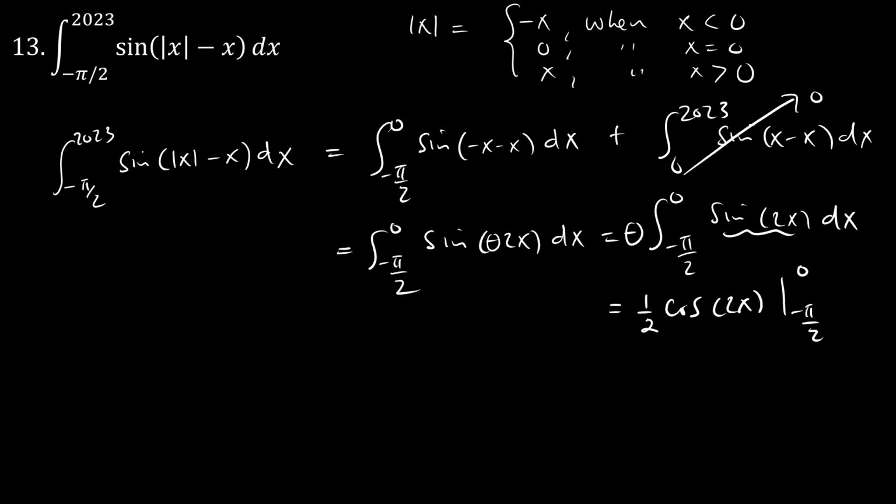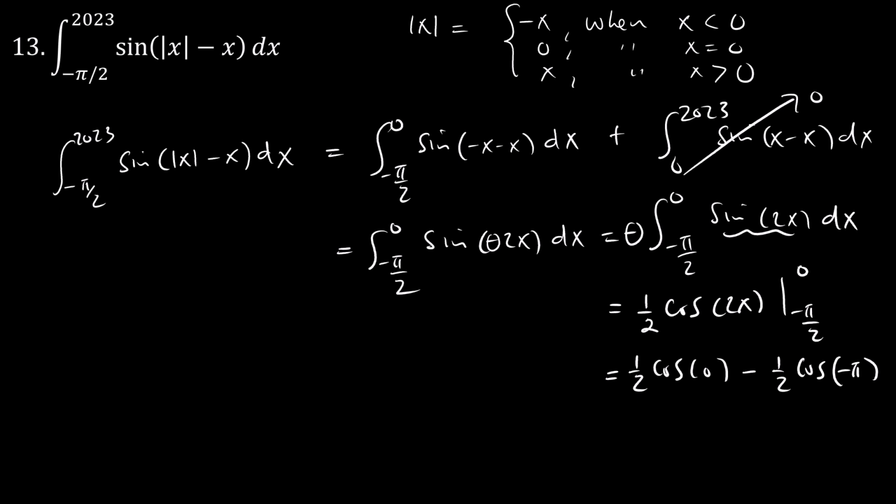So which becomes a half cosine of 0 minus a half cosine of negative pi. So first of all, cosine of a negative is a positive cosine.